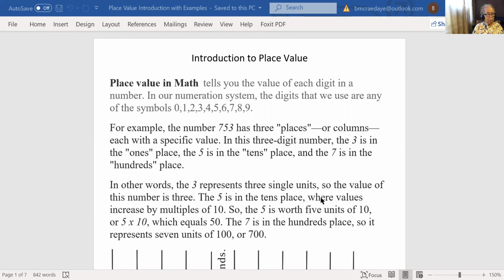what is the value of each digit. For instance, 753, as you see here on the screen.